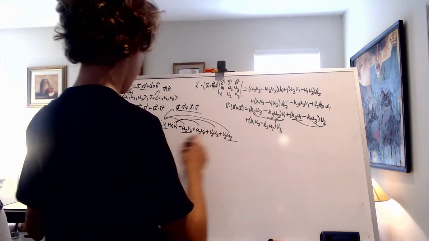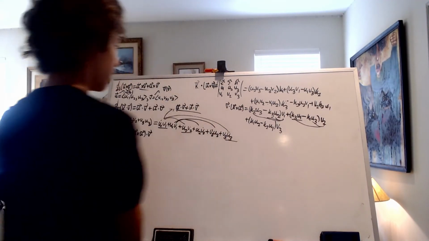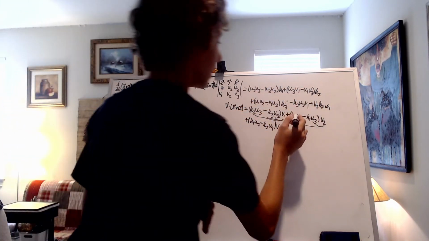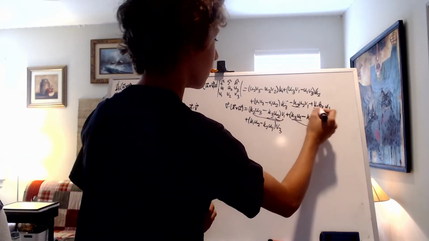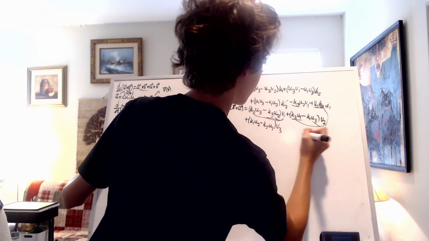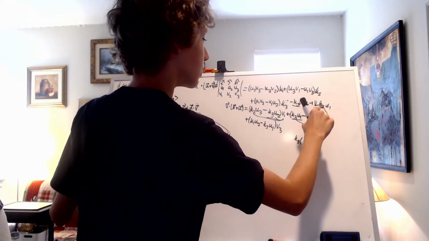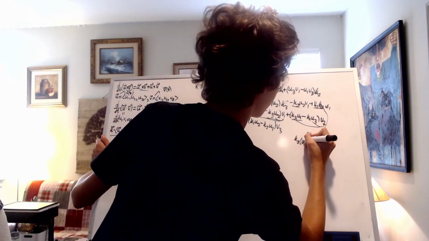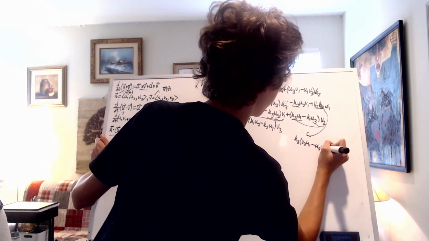Our goal is to have this form where we factor out the K's. So what if we factor out the K3 from here? We get K3 times V2 U1 minus U2 V1.